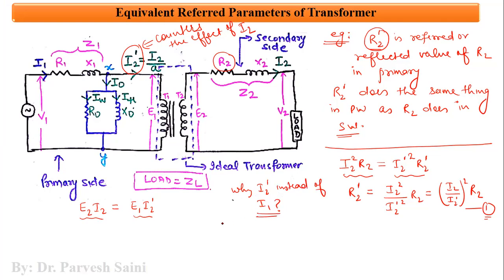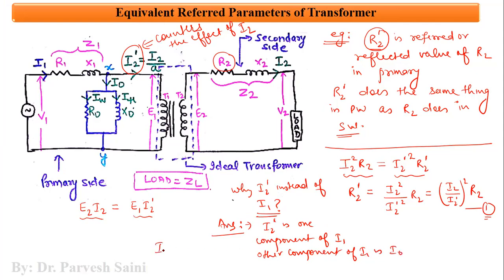So the answer is I2 dash is one component of I1. The other component of I1 is I naught, right?